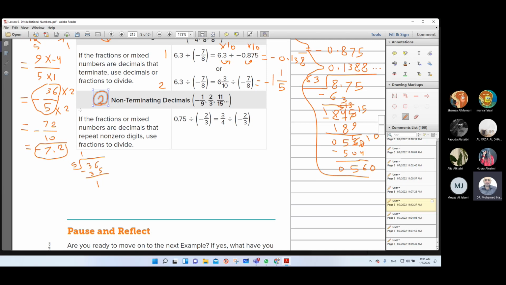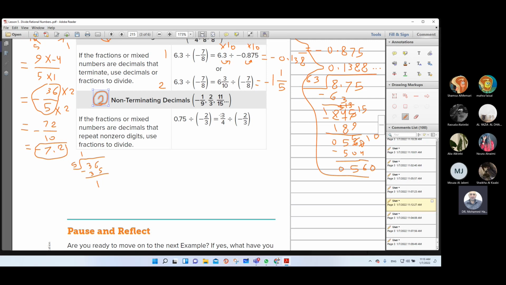So in this case, if the fractions or mixed numbers are decimals with repeated non-zero digits, use fractions to divide. So here you have decimal, here you have fraction, but this fraction, if you want to change it to the decimal, you will get non-terminating or repeating. So in this case, keep the same fraction and change the decimal to the fraction.